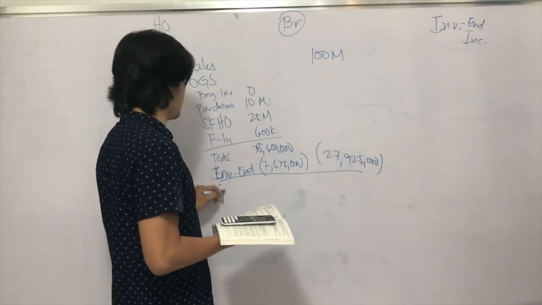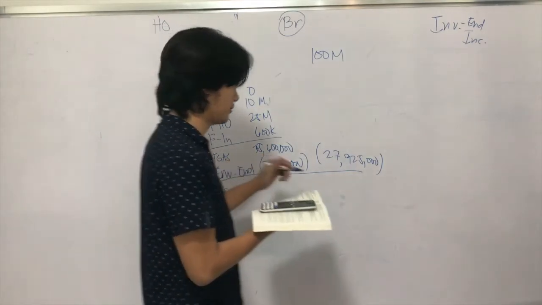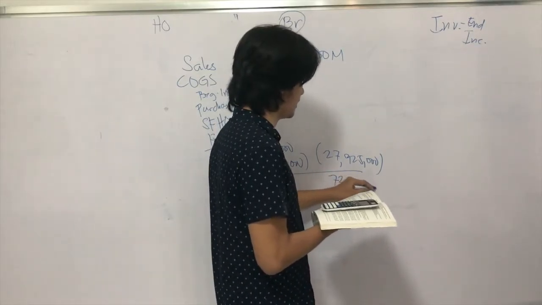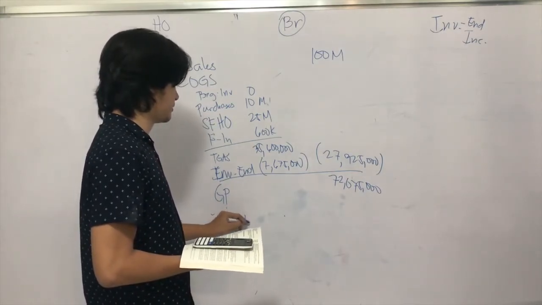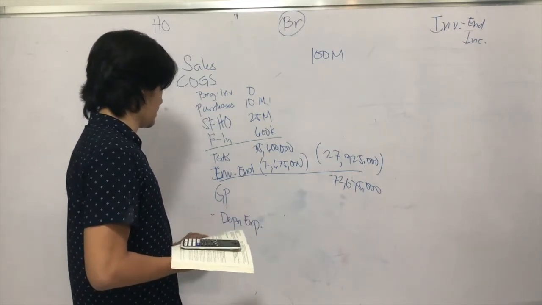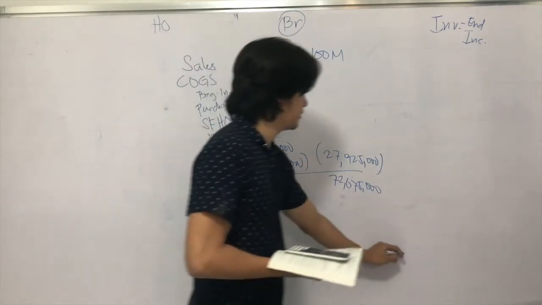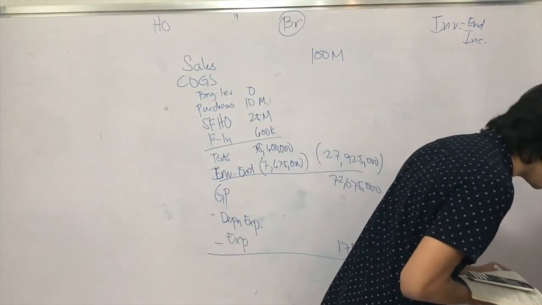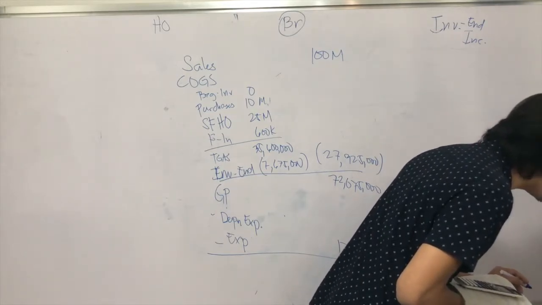So gross profit would be 72 million, less depreciation expense and various expenses. Various expenses was 17 million. Total depreciation expense was 1,210,000.